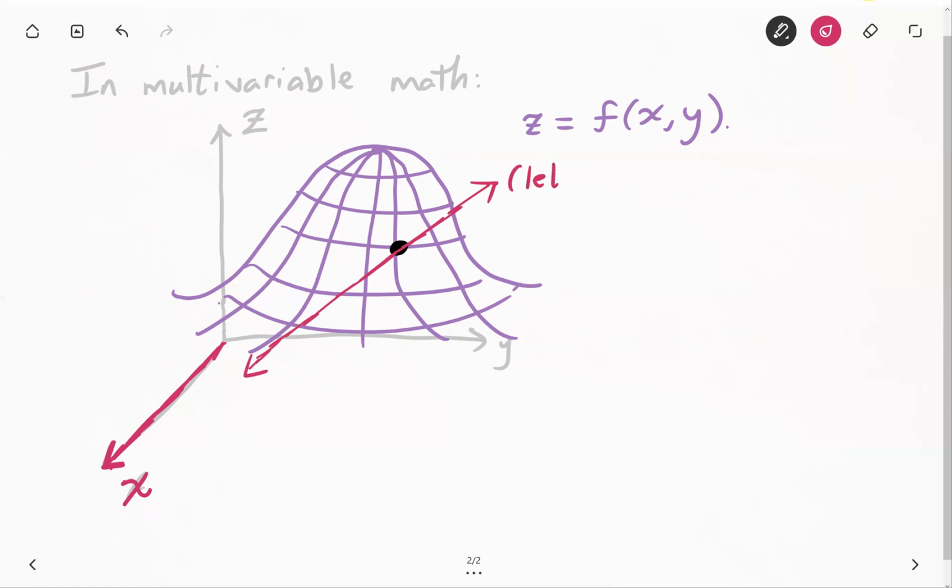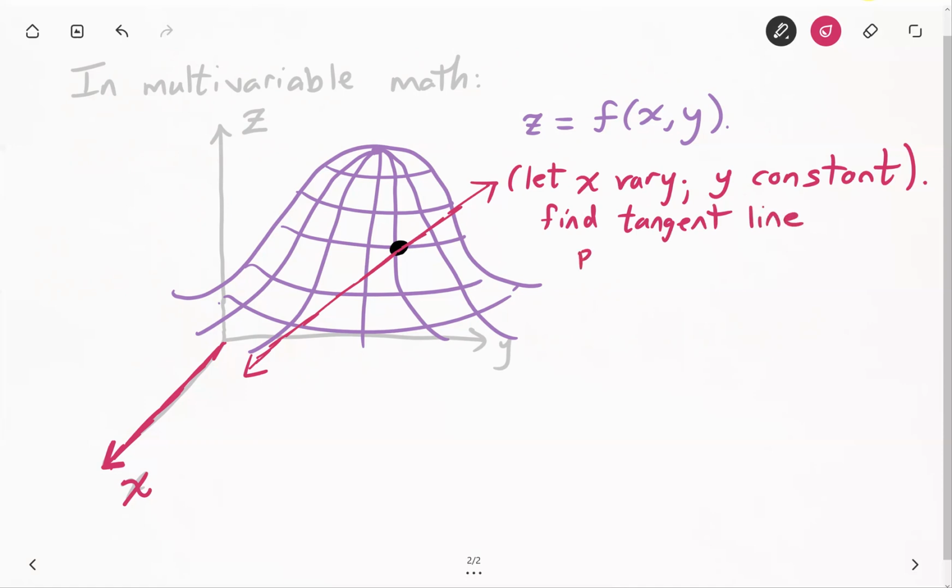And so we let x vary, and then treat y as a constant. In this case, we'll get a tangent line, which is parallel to the x-axis. And so we'll find a tangent line going in the x direction.